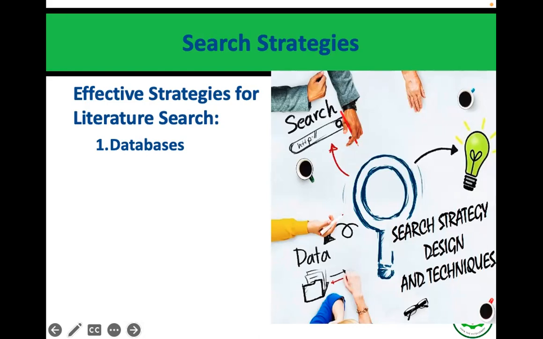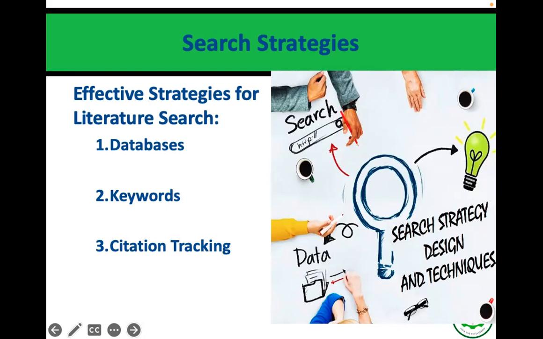No. That's not what we are supposed to do. That's why we are doing this. So we need the databases, the keywords you are going to use, and how are you going to do that? And then a third component of our search strategy, citation tracking. What do we mean by citation tracking?